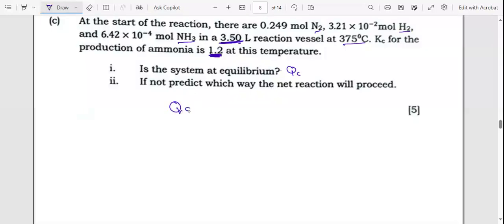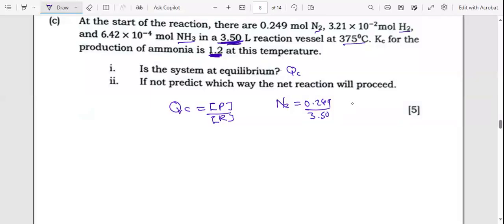They use the same formula: the product concentration over reactant concentration. But the concentration we don't have, we only have moles that were put in one vessel. So we divide every mole value by this volume to get the concentration. For nitrogen, the moles given is 0.249 over the same 3.50 liters to get the concentration.